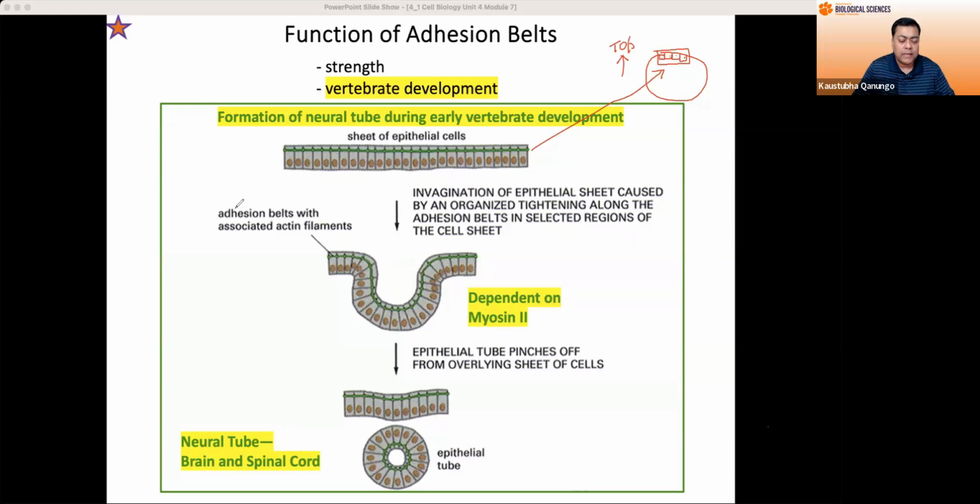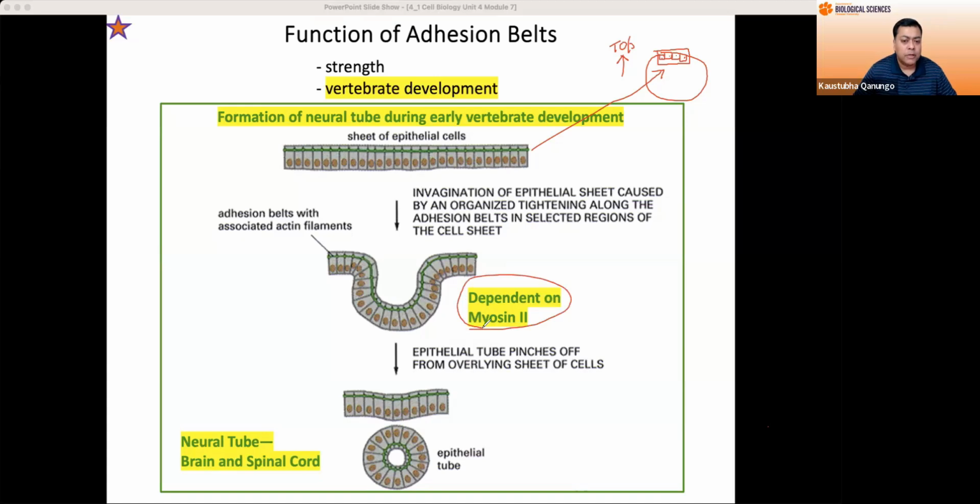Think about a loop purse or pouch with a drawstring: you just pull it and it comes close together. That's exactly what is happening. If you look at the cells in the middle, you can see that they are tapered towards the top. The bottom is wider, whereas they're tapered towards the top, because right here the adhesion belt is pulled together by the help of these myosin 2.